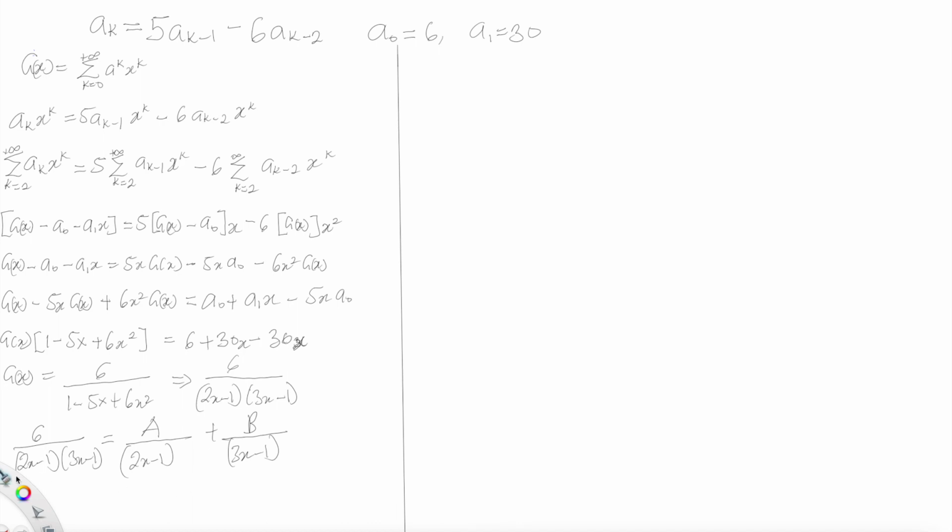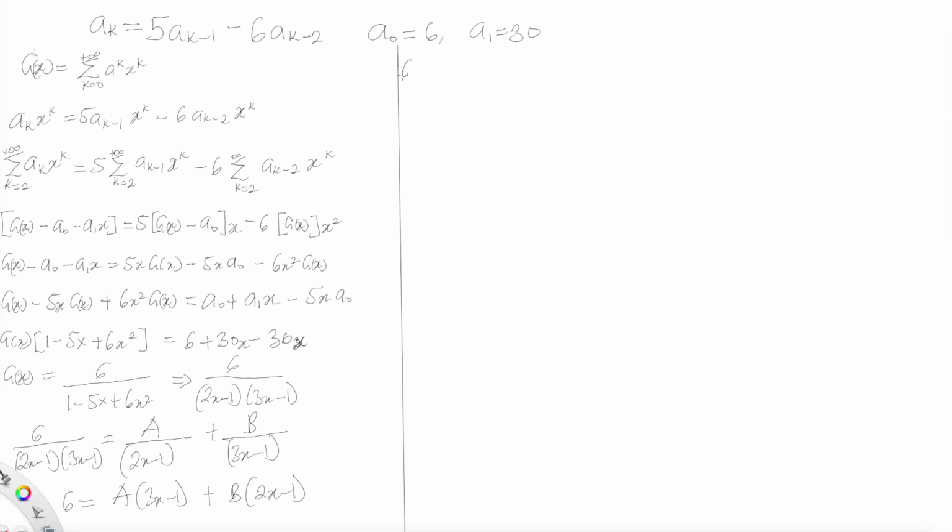So we could multiply through by 2x minus 1, 3x minus 1. When we multiply through, we get 6 equals a times 3x minus 1 plus b times 2x minus 1. Then we could expand.